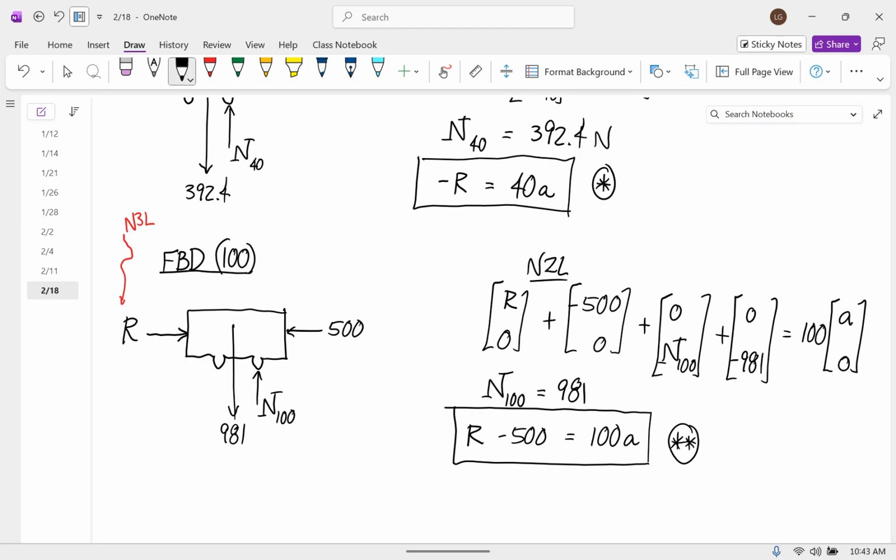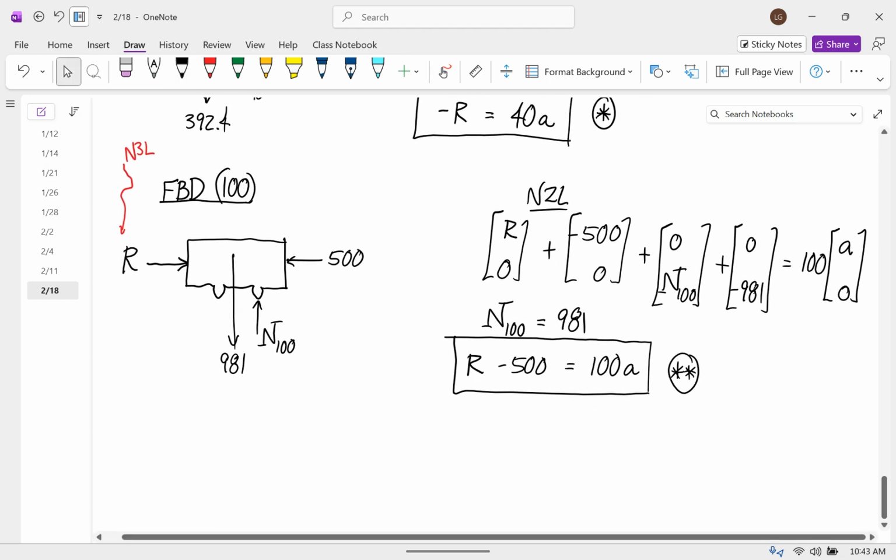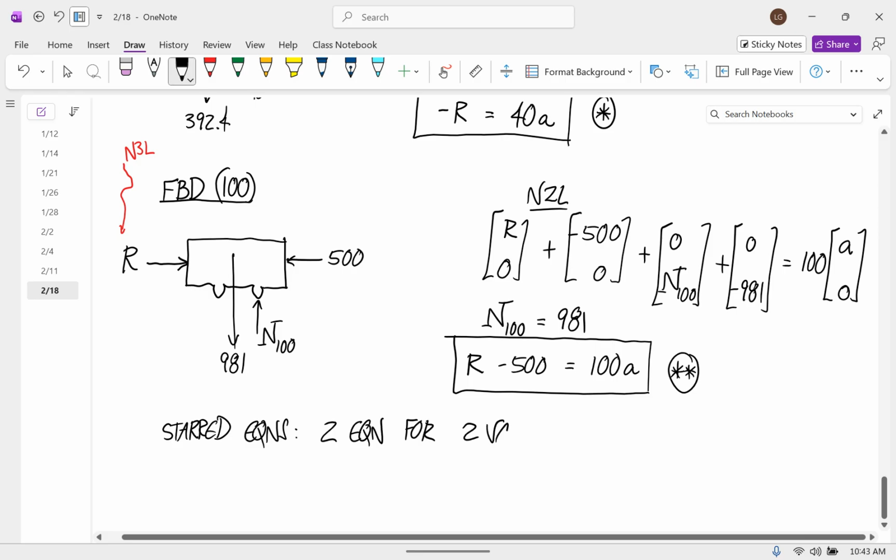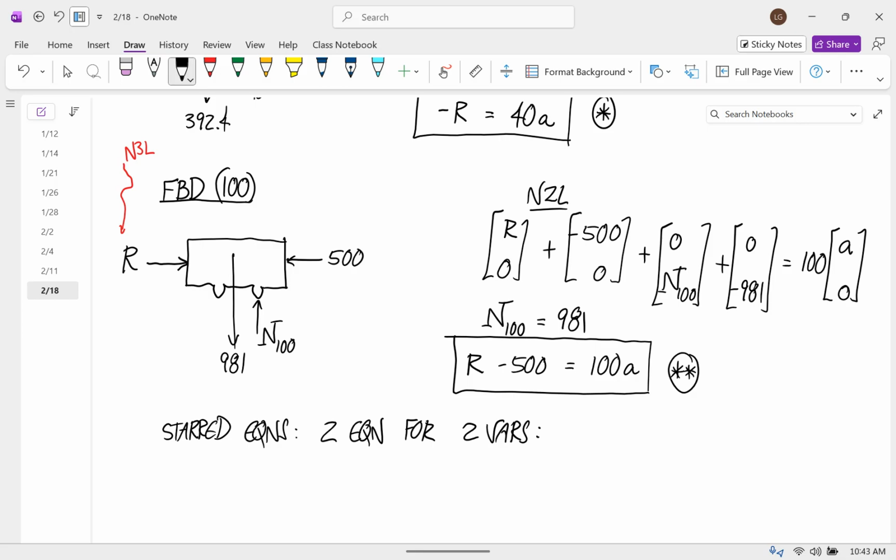And we're going to solve equation 1 star and 2 star as a system for the two variables R and A. So the starred equations are two equations for the two variables R and A.